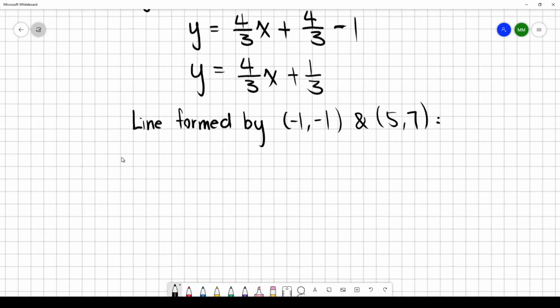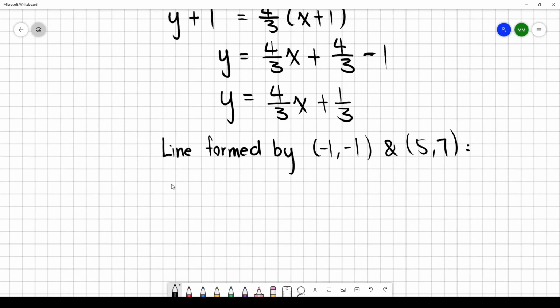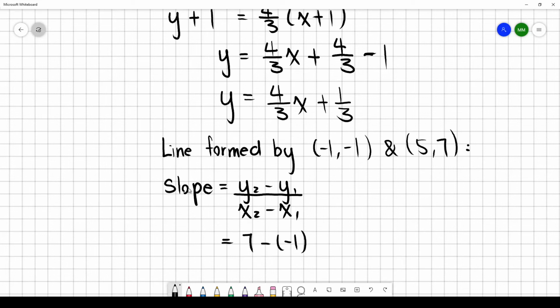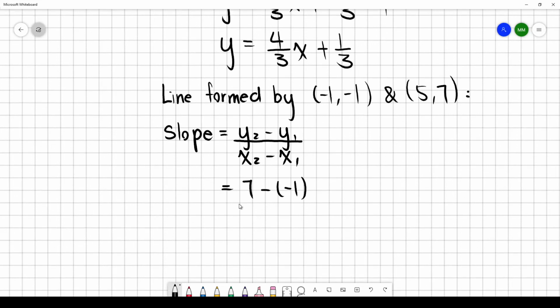So we do the same thing. We find the slope first. That is equal to 7 minus -1 divided by 5 minus -1.